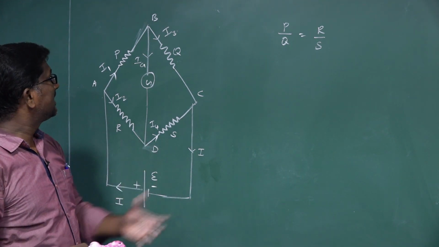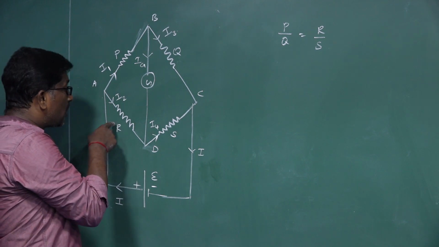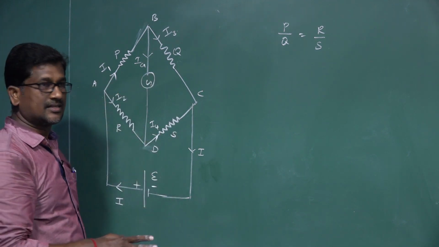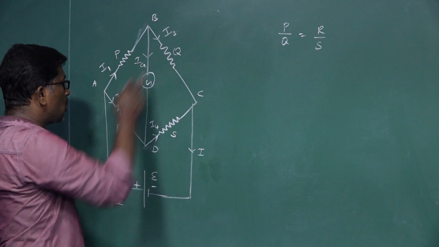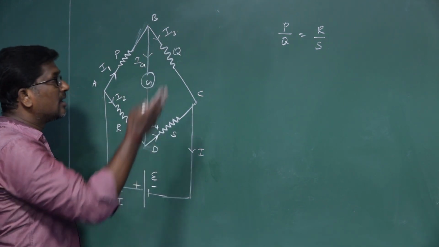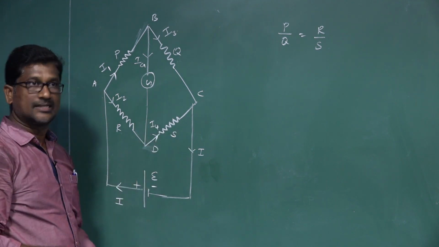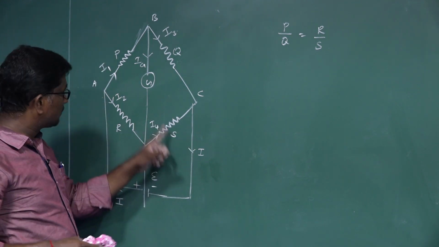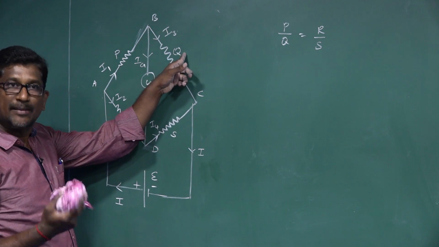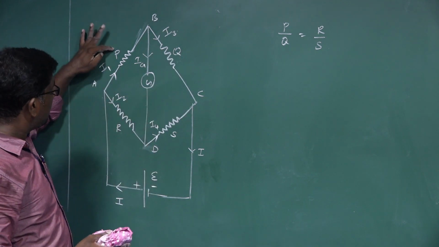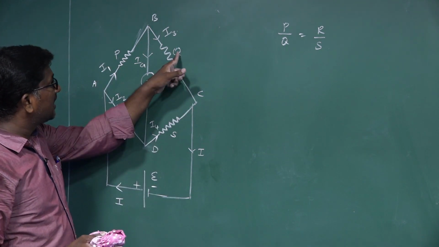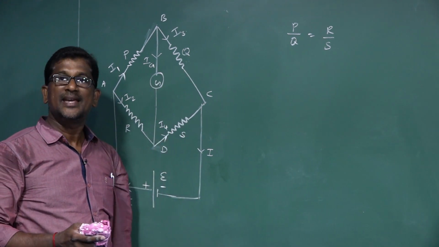And if you know the value of any three resistances, suppose P, Q, R values are known, then by using the bridge balance condition, we can determine the value of S. Suppose P, R and S values are known, then Q value can be calculated. Or P, Q and R values are known, then S value can be calculated.